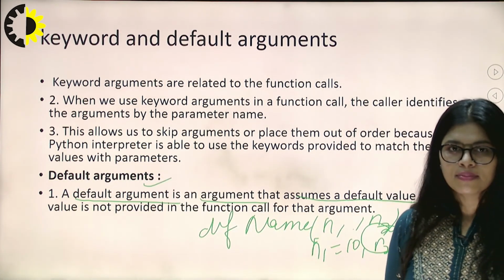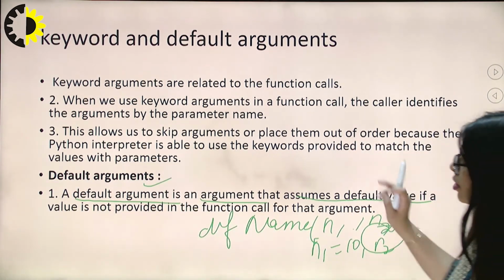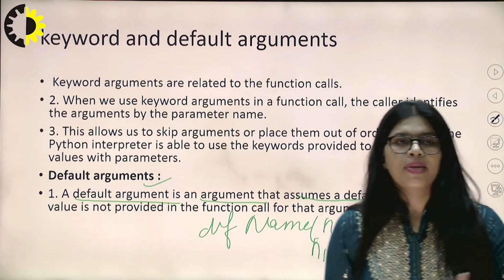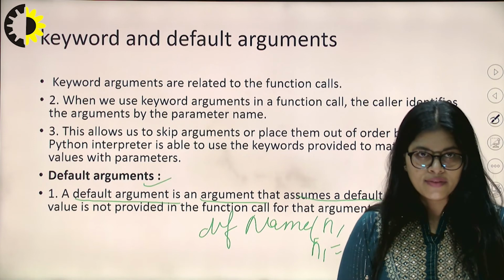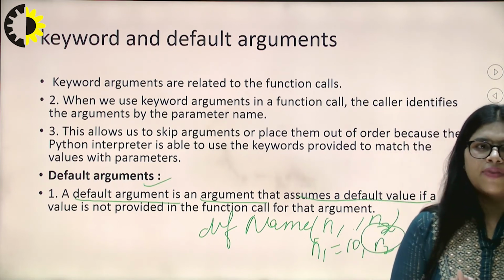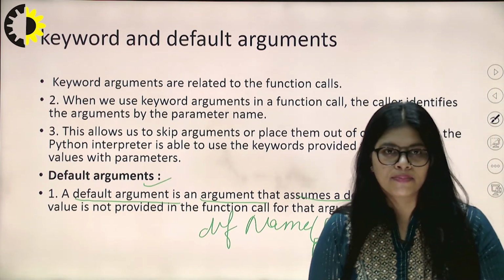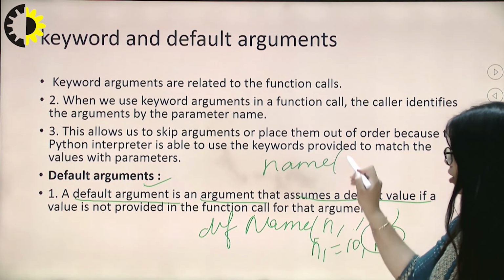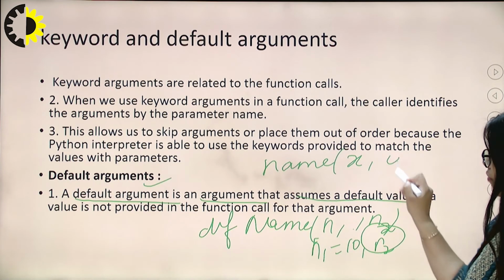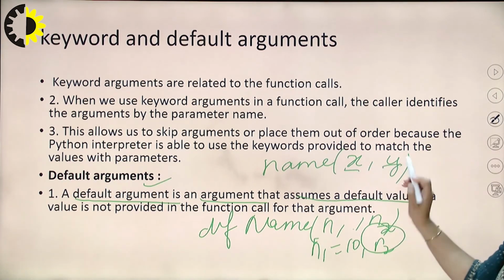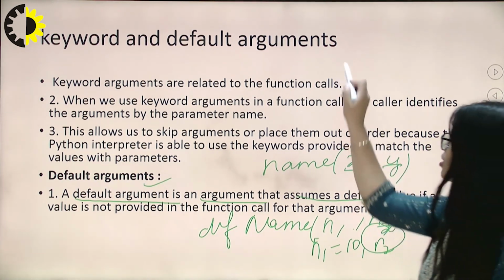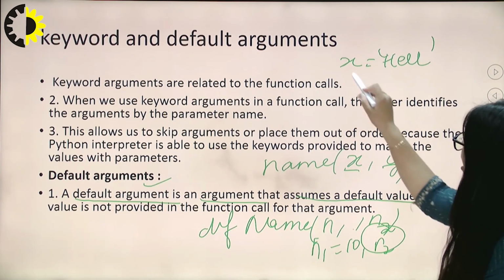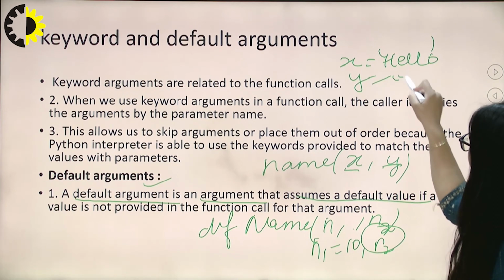Same as keyword arguments. Keyword arguments are totally related to function calls, means when we use keyword arguments in function calls, the caller identifies the argument by the parameter name. We use a function name with x and, comma, y, and we define the names of x and y, means x is equal to hello and y is equal to hi.